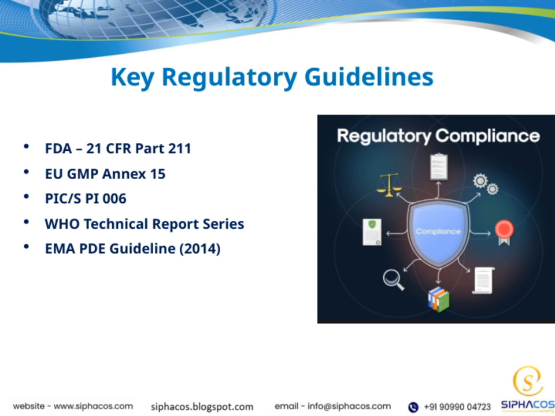Then, there's the EU GMP Annex 15, which provides guidelines for validation and qualification processes within the European Union, emphasizing the importance of a risk-based approach. Next, we have PIC/S PI 6, which is part of the Pharmaceutical Inspection Co-operation Scheme's guidelines, promoting harmonization and mutual recognition among inspection authorities worldwide.